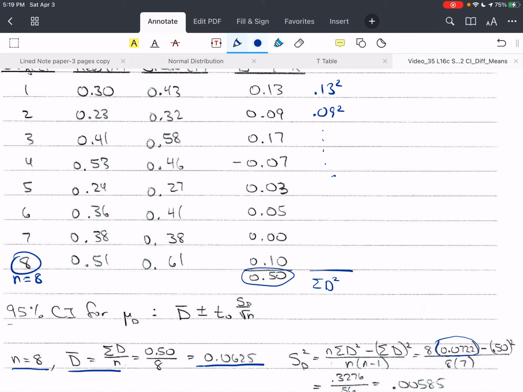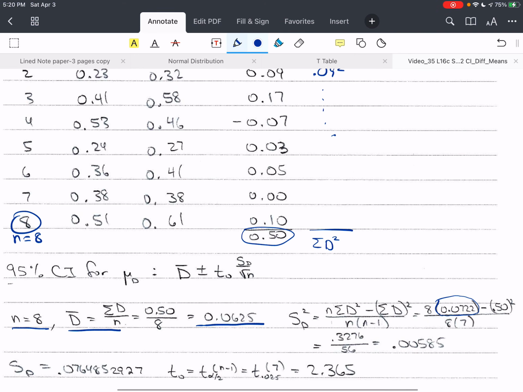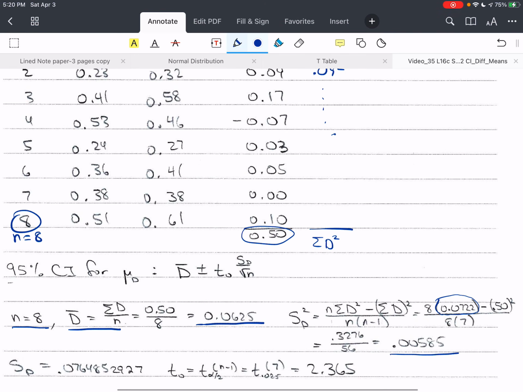It doesn't work. Okay, so 0.0722 was the exact value, so it's 8 times that minus 0.5 quantity squared over 8 times 7, which is 56, and we get a value of 0.00585. So that's the exact value. We cannot round this. Okay, we cannot round anything until we're finished with our computation.